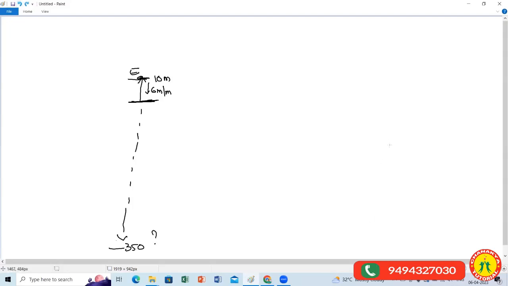To reach negative 350, that means the distance covered is negative 350. In 1 minute, 6 meters it is traveling. 10 plus 6 into what number?